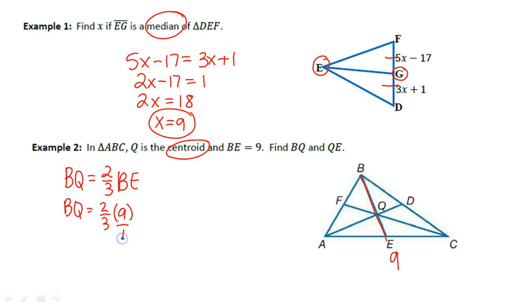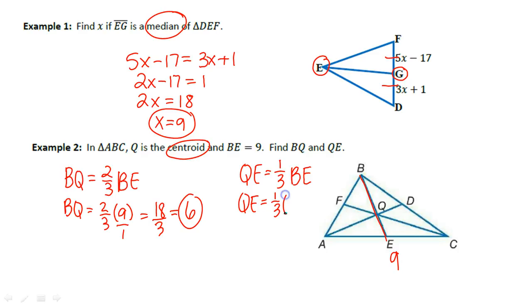You could write that as 9/1, so this would be 18/3 when you multiply those fractions straight across, which gives you 6. To find QE, QE is going to equal 1/3 of the whole, which is BE. So QE would equal 1/3 of 9, which means that QE is equal to 3. So BQ is 6, QE is 3, 6 plus 3 equals 9.